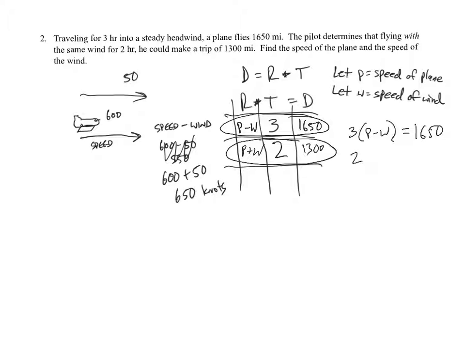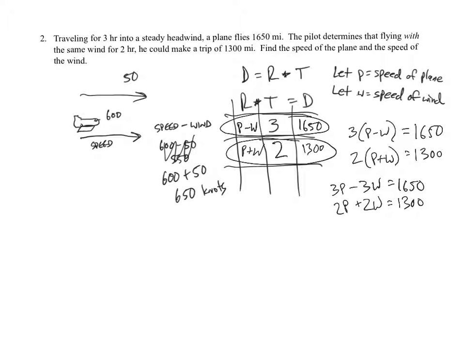And 2 times (P plus W) equals 1,300. Those are our two formulas. Now, to distribute the coefficient, we'll say 3P minus 3W equals 1650, and 2P plus 2W equals 1,300. And we should feel a little bit better now that this is looking more familiar, right?